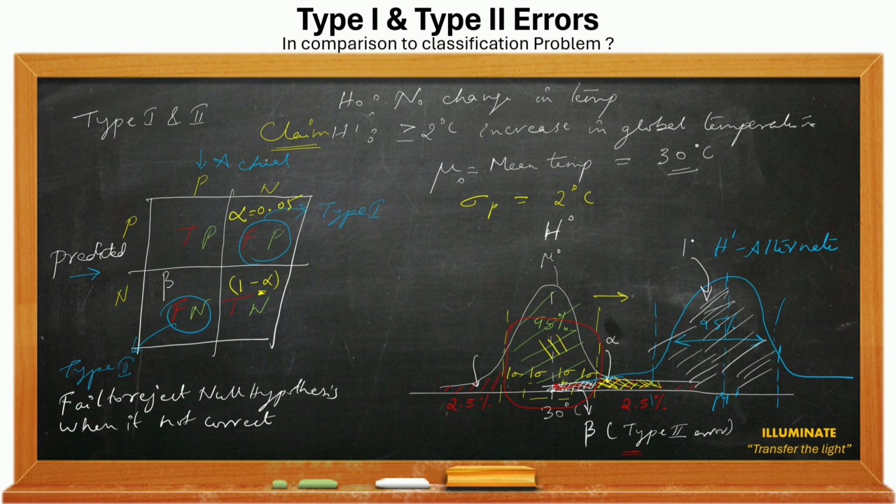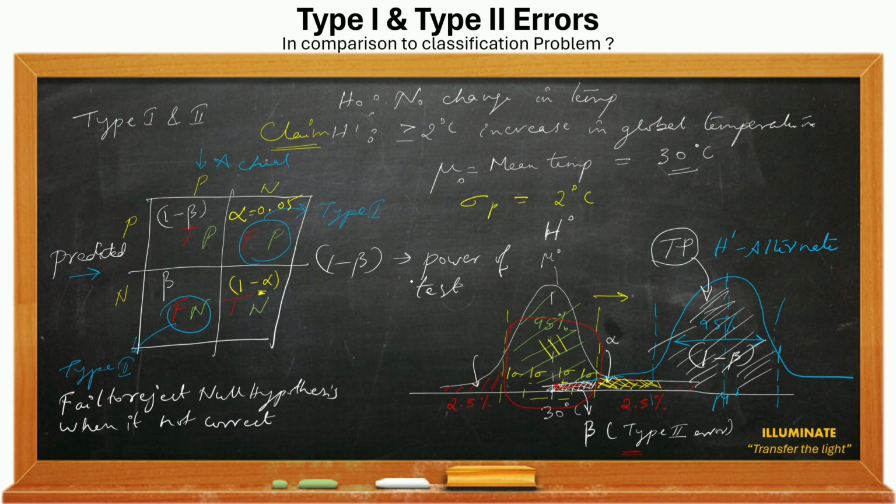This part of it is beta, and this part of it is 1 minus beta. So the true positive is 1 minus beta, which is nothing but the power of your test. So the power of your test is 1 minus beta. These are the 4 concepts.